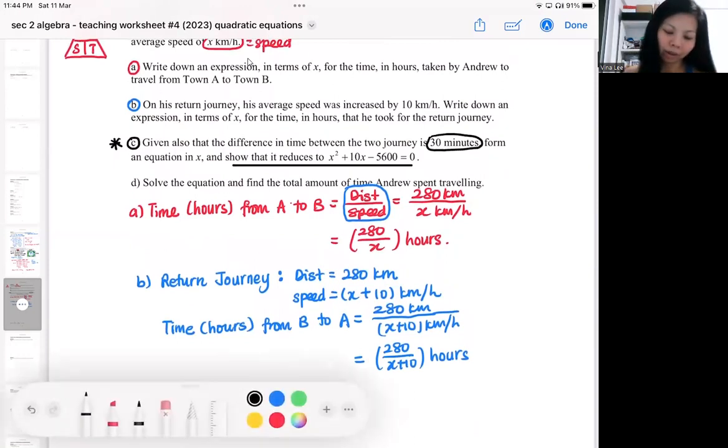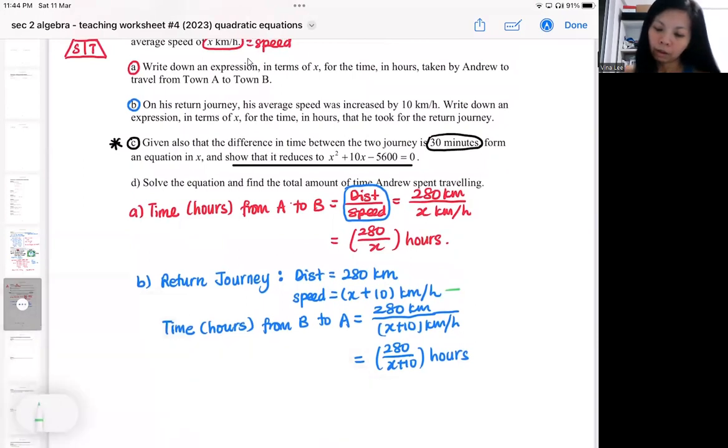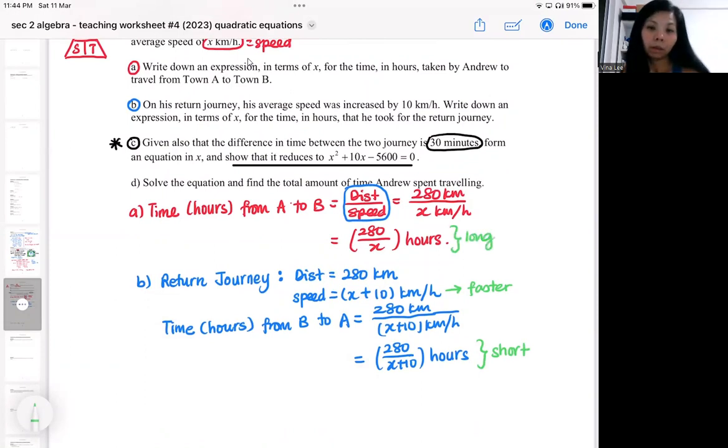Okay, so how should your thinking process be like? The speed becomes faster. Because the speed becomes faster, this one will take a shorter time than this. So you increase the speed, that means you will take a shorter time because your speed is faster.